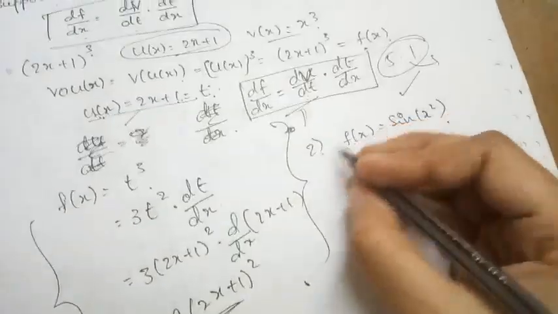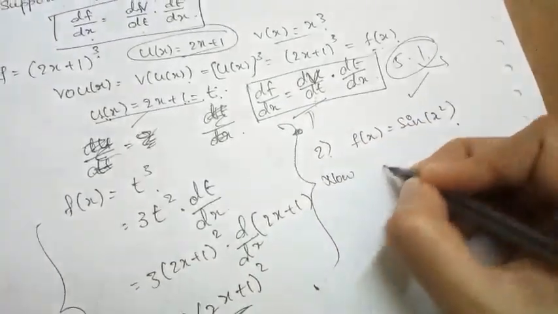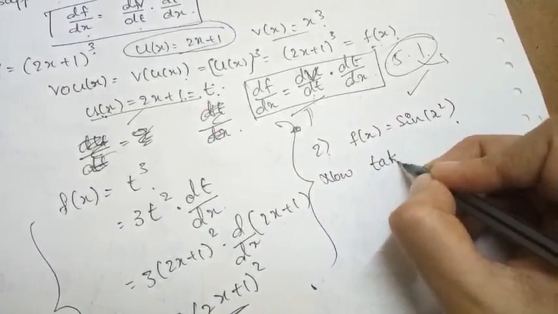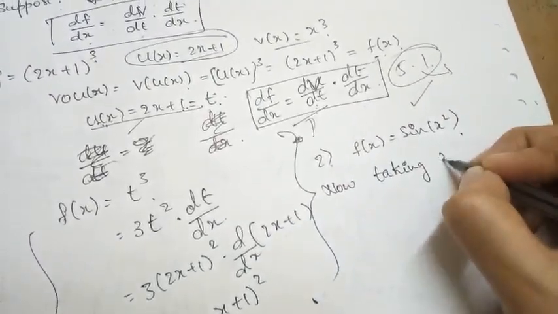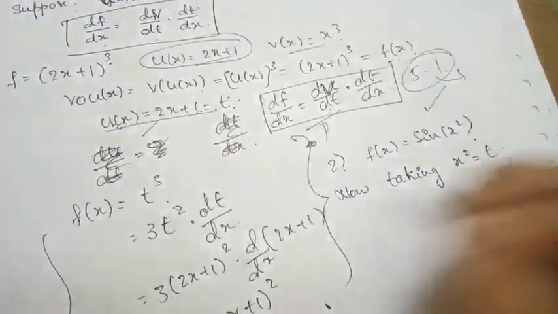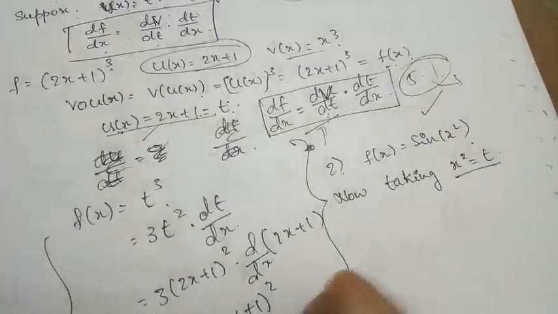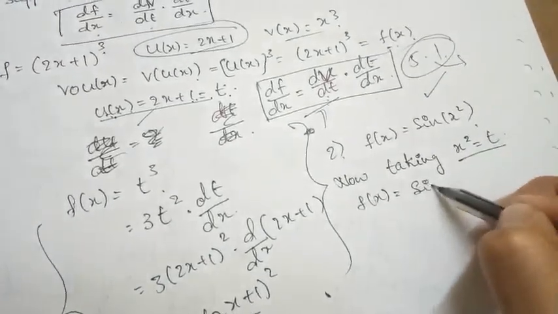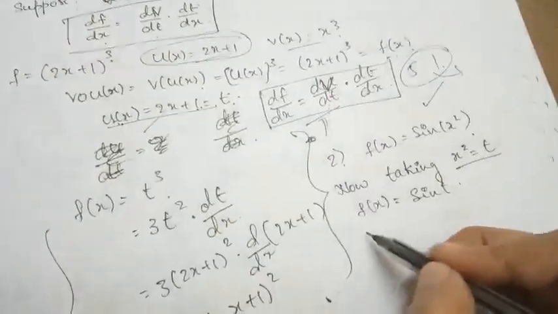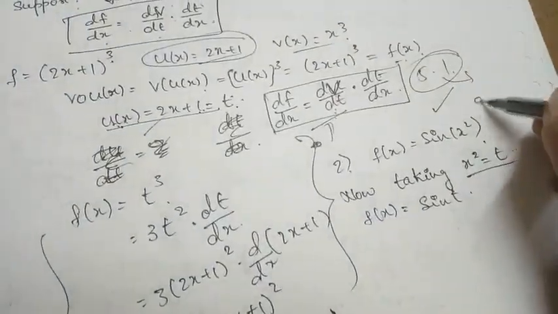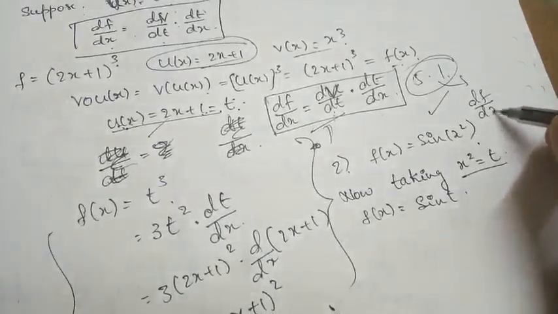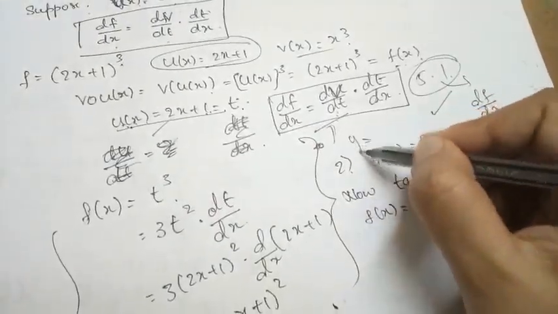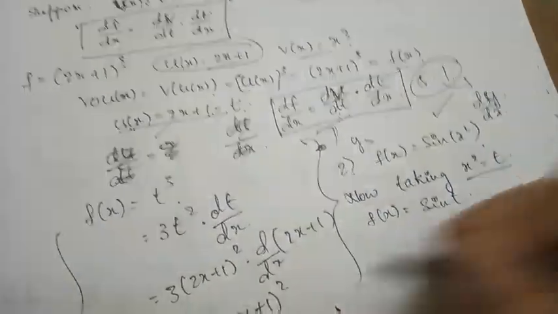Now what I am doing here is taking x square is equal to t. By taking x square is equal to t, f of x becomes sine t. We need to find df by dx, or if I call this one y, we need to find dy by dx.